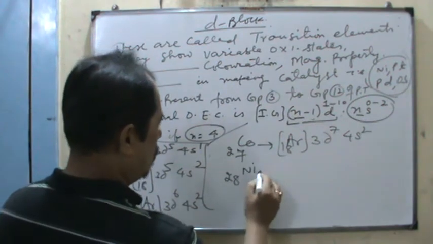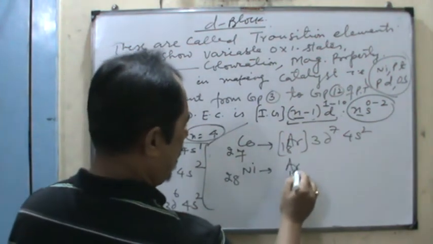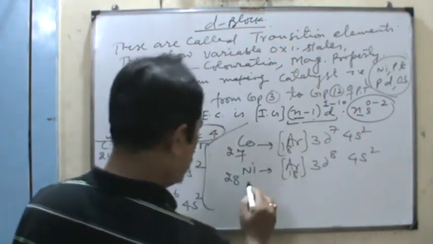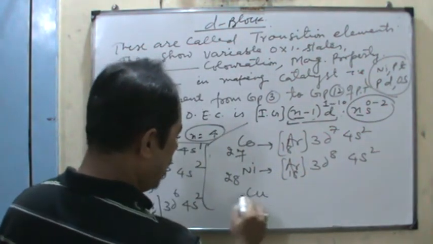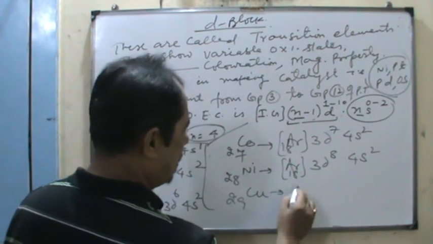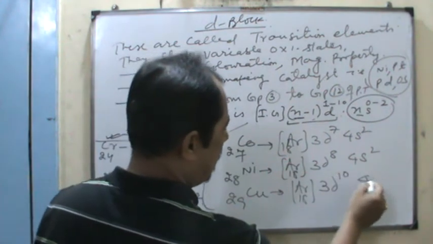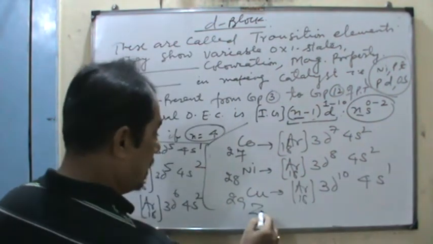Nickel 28: argon 3d8 4s2. Copper is an exceptional case: argon 3d10 and 4s1. And zinc.